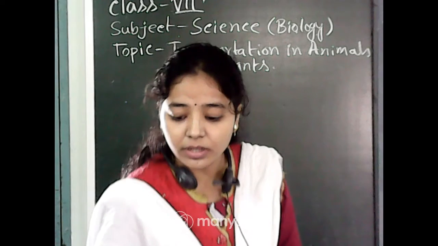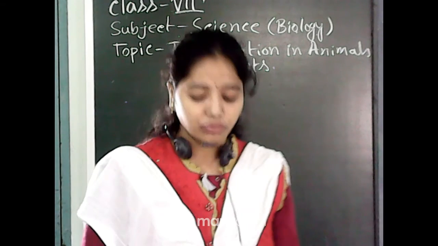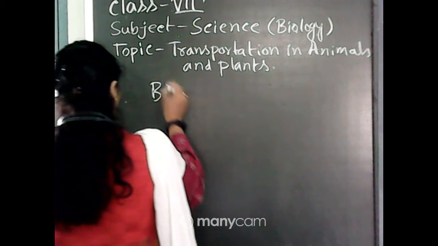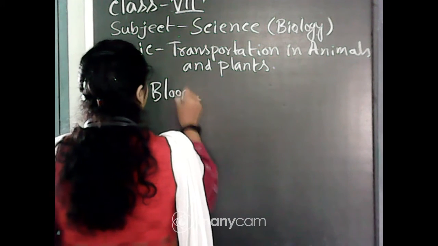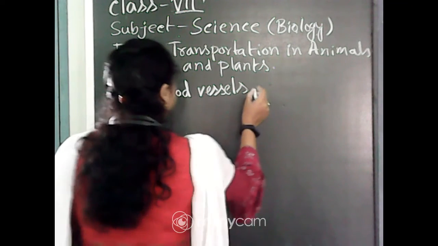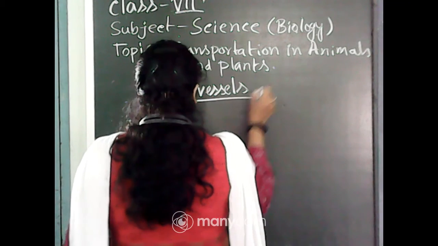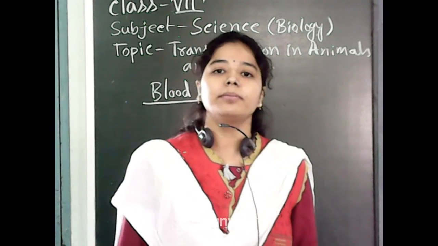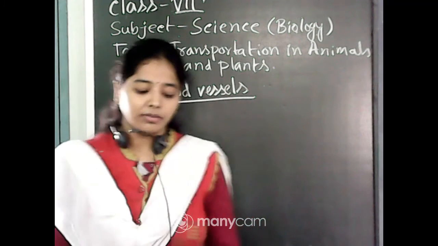Okay, so students, try to follow me. Blood vessels. Now what are blood vessels? Blood vessels are tube or pipe-like structures that carry blood from the heart to the body, or vice versa, throughout the body.